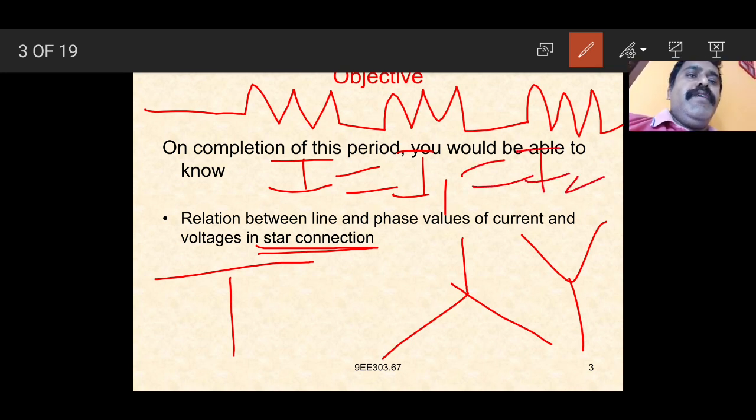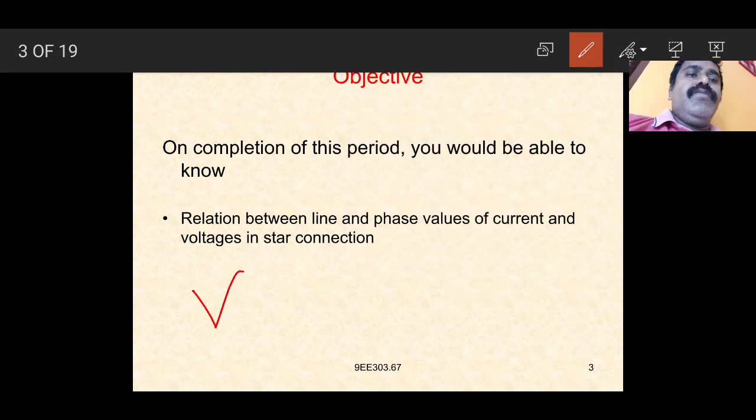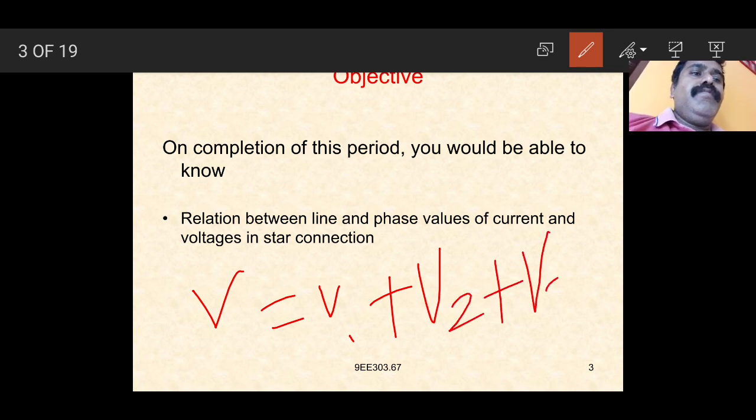The voltage is divided, that is V is equal to V1 plus V2 plus V3. So the voltage is divided in the case of star connection, which is the series connection.